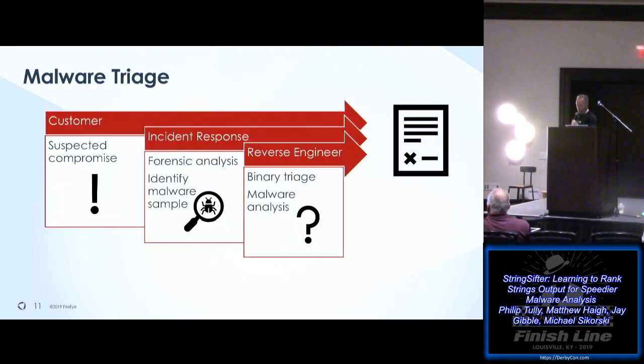So just a quick examination of our process at FireEye. When we have a customer who suspects a compromise, they see something suspicious in the system and contact us. We dispatch our incident responders. They're going to do a forensic analysis on the system, perhaps identify malware samples or suspicious samples that may be malware.